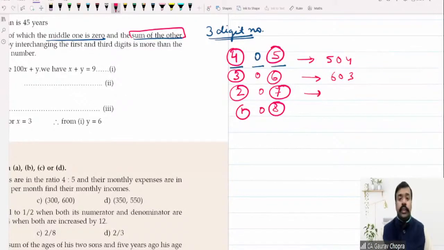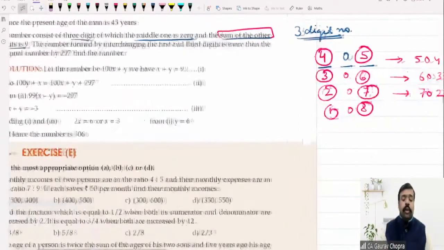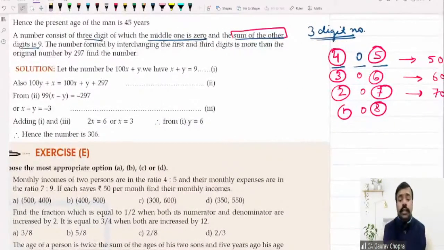If the number is 207, if we interchange, it becomes 702 and so on. Now there are two methods to solve this question. One is by using the detailed method and second one is by using the options. So we are solving this one by the detailed method, and in the exercise we will solve a similar question by using options. So now let's prepare the equation.